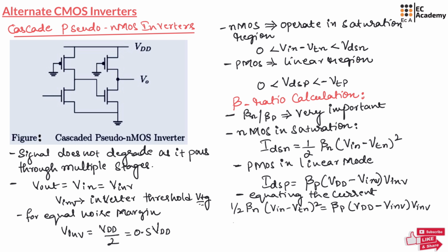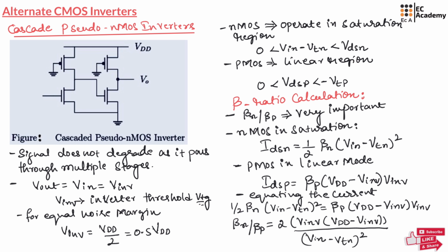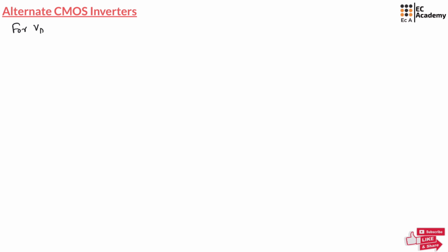So from the above equation, if we take beta n by beta p, we can write it as 2 into V inverse multiplied with (VDD minus V inverse), whole divided by (V in minus VTN) whole square. So for VDD equal to 5 volt, V inverse will be equal to 0.5 VDD and VTN is equal to 0.2 VDD, that will be equal to 1.